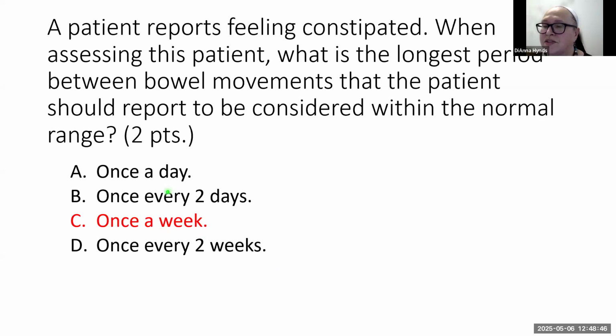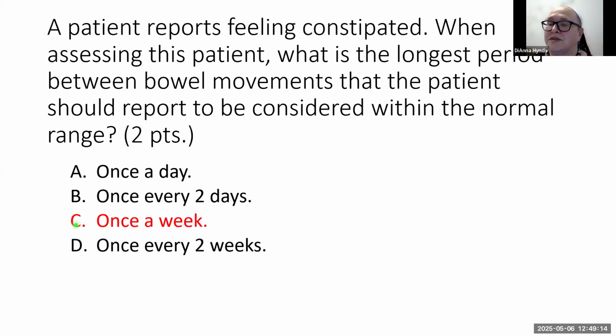So once a day would be considered normal, once every 2 days. So most commonly it's going to be once or twice a week, right? That's going to be the most common normal bowel movement that people have. Once a week is still considered normal, right? But look at the question again, it is the longest period between bowel movements that would be considered normal.